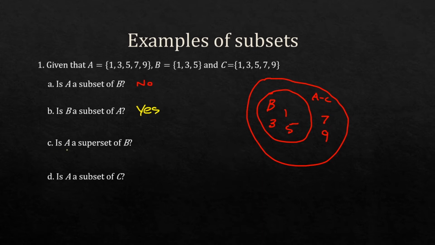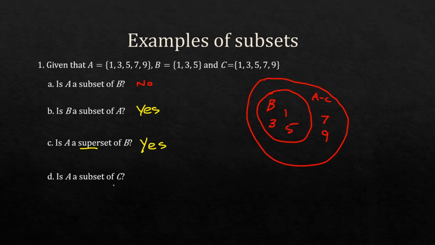Is A a superset of B? Think of superset being larger. So is A larger than B? A is a superset of B. All of the elements of B are inside A. So this would be yes.